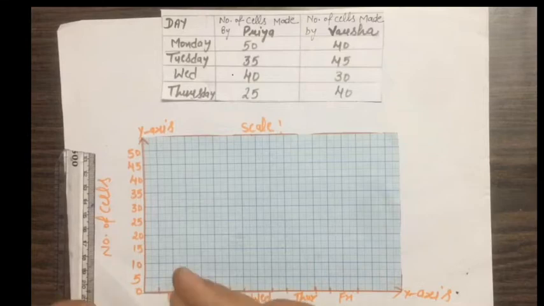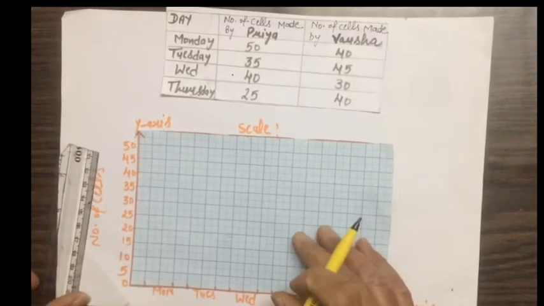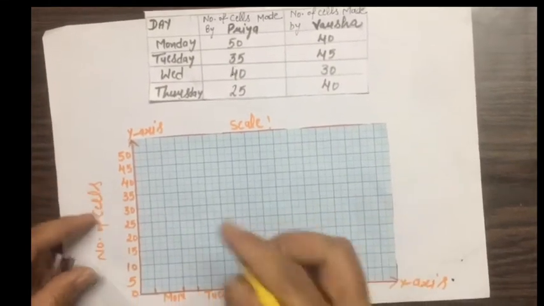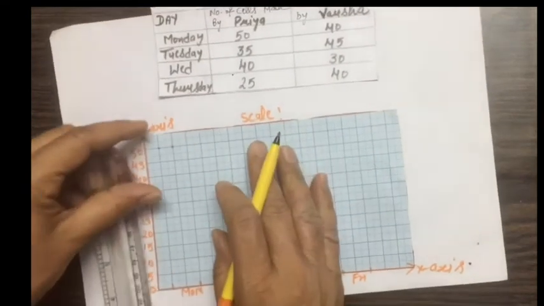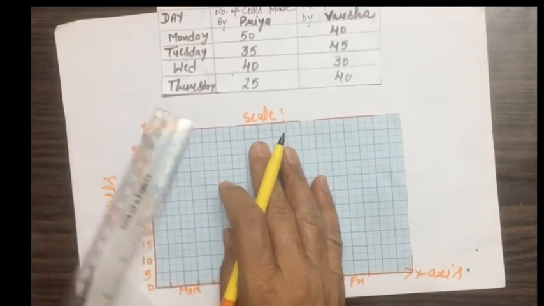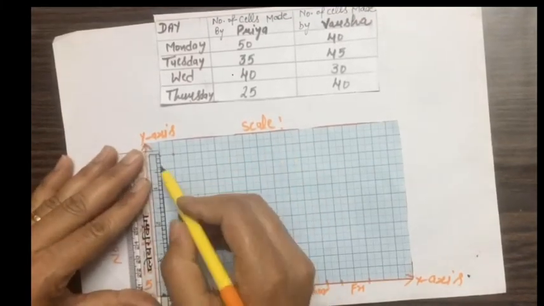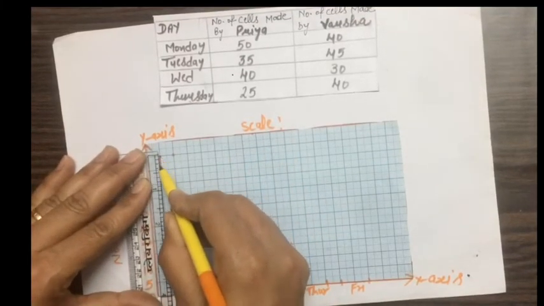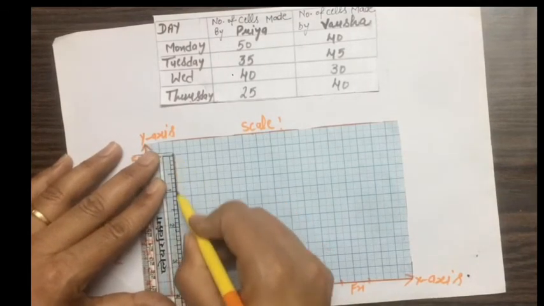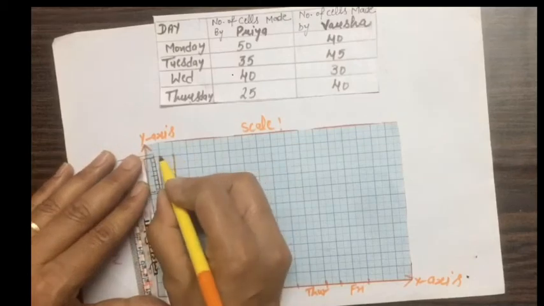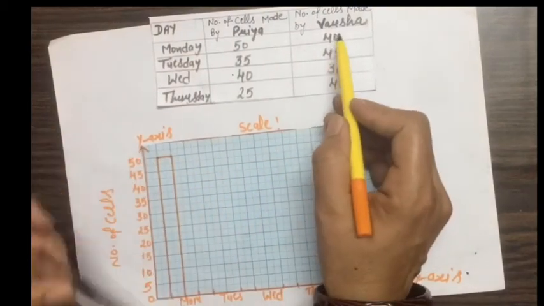That is, draw a rectangle of height 50. 50 is here. So put here 2 points. Draw this. Draw a rectangle of height 50.